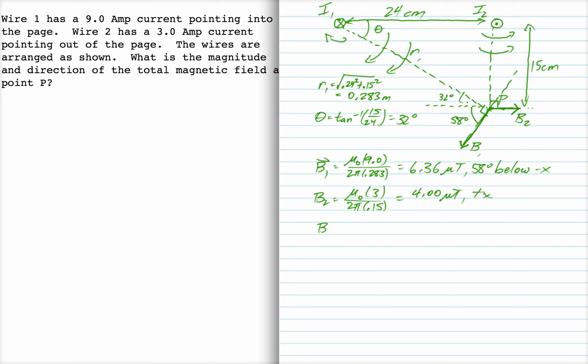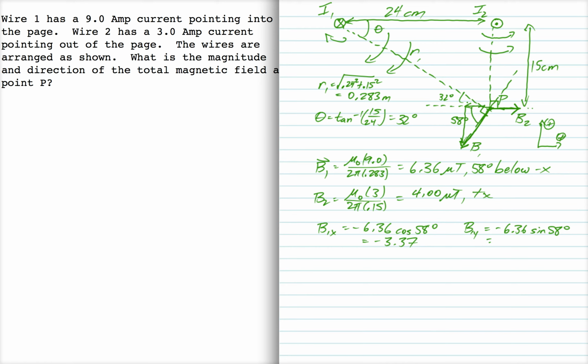So B1x is minus 6.36 cosine 58, which is negative 3.37. B1y is minus 6.36 sine 58. Right, I guess I should have written at some point, I'm using standard Cartesian sign conventions, where up is positive and to the right is positive. Since B1 points down and to the left, the x component is going to be negative and the y component is going to be negative.